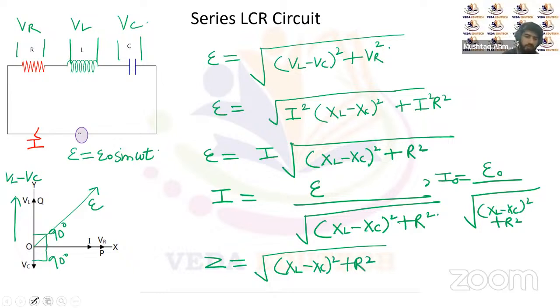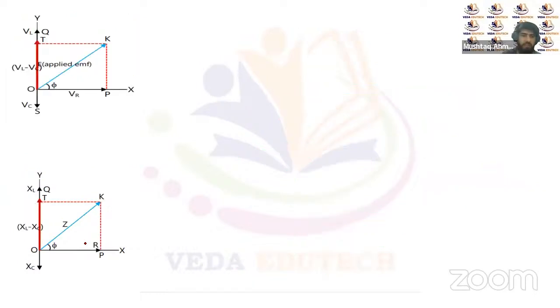Now let's suppose the angle that the resultant voltage makes with the x-axis is phi.